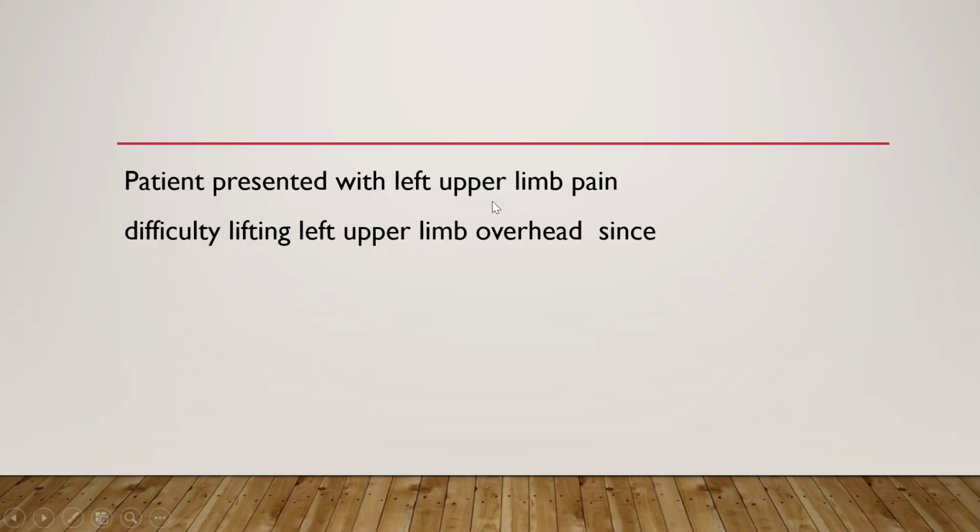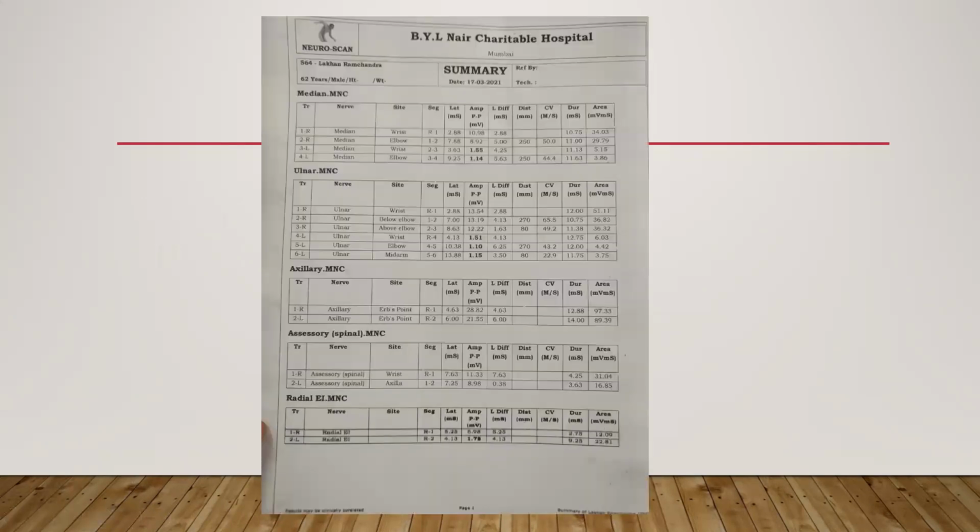Yes, ma'am. So this is the nerve conduction study. In the median motor, here we can see on the right side the latency is normal, amplitude also normal, and velocity also normal. And on the left side, the amplitude is decreased in the median nerve, that is 1.5, but the velocity and the latency are normal.